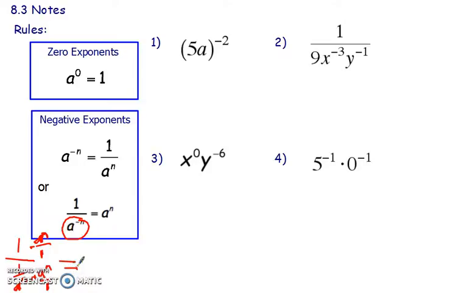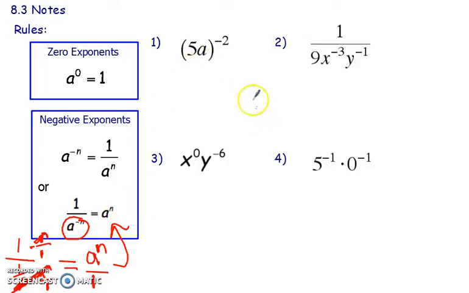Which means we end up with a to the n, a positive exponent, over, canceling here, a 1. So basically it flips up top and becomes just a to the n. Essentially, any negative exponent in the numerator can move to the denominator. Any negative exponent in the denominator moves to the numerator, but as a positive exponent then.